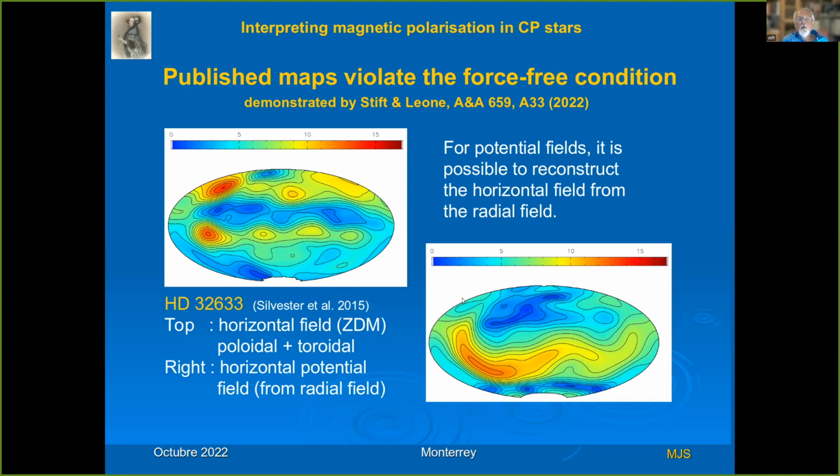And if you calculate the horizontal field from the radial field, assuming that the radial field is potential, then you get this. So it clearly contradicts. And if it's not a potential field, then it violates the force-free condition.